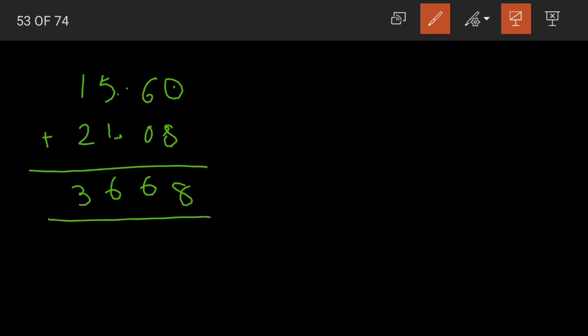And after adding, we make sure that we place the decimal point as provided in the addends. In the addends we are having the decimal point after 2 digits from the right. So even in the sum we will place the decimal point after 2 digits from the right.